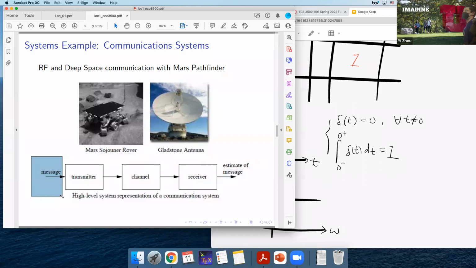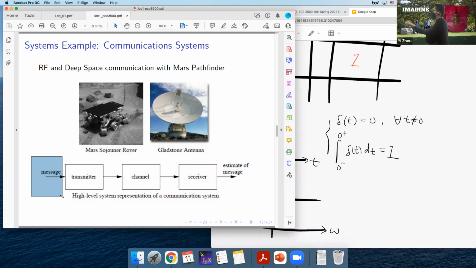But then you will have to transmit a long sequence of repetitions of messages. That is very inefficient in many perspectives. So this issue, you will learn how to address by taking the information theory course, coding theory, how to design some coding strategies to encode and decode the message.